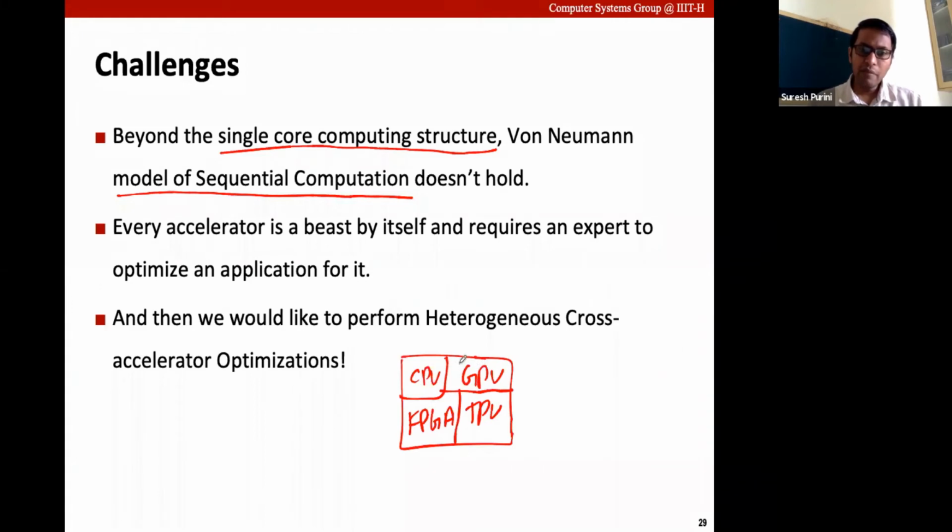Manually checking is hard, and that is what is being done right now. You want to rely on compilers, but for compilers it's also extremely hard, because your source programs are written assuming a sequential model of computation, but the underlying architectures are way different from the sequential model of computation. So it's a big challenge for the compiler.